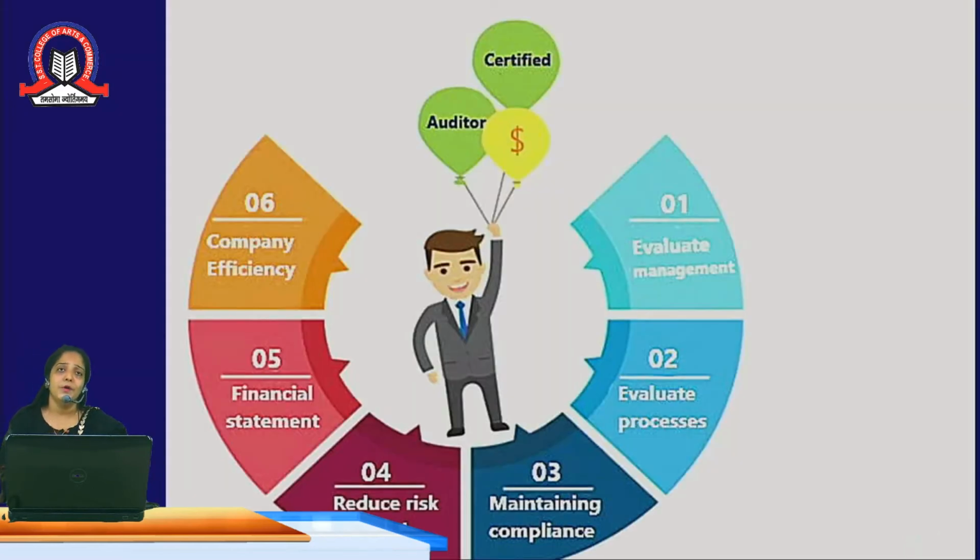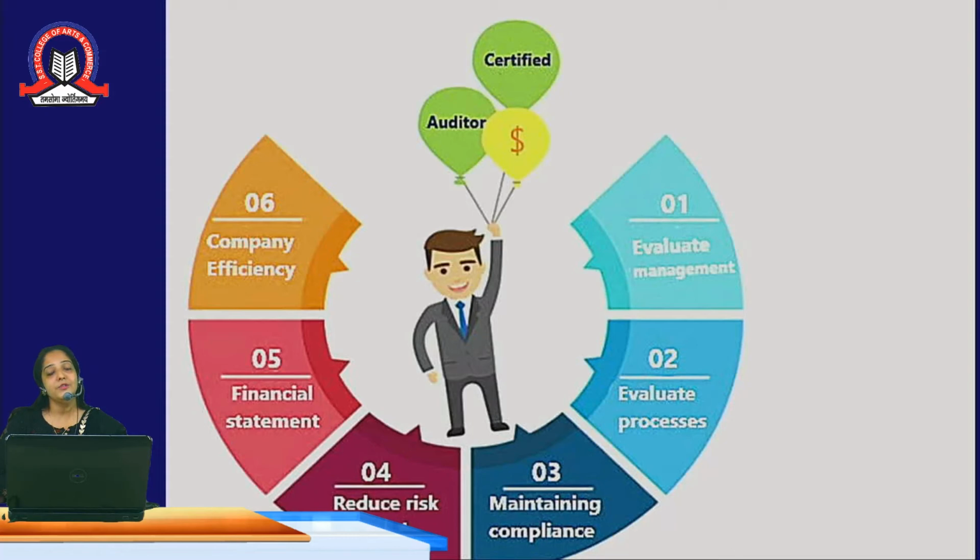Now, the scope of the internal auditor. The internal auditor will evaluate the management system, like what management system is followed in the company. He will check the detailed records, like whether all the books of accounts are properly prepared and verified by another person or not.